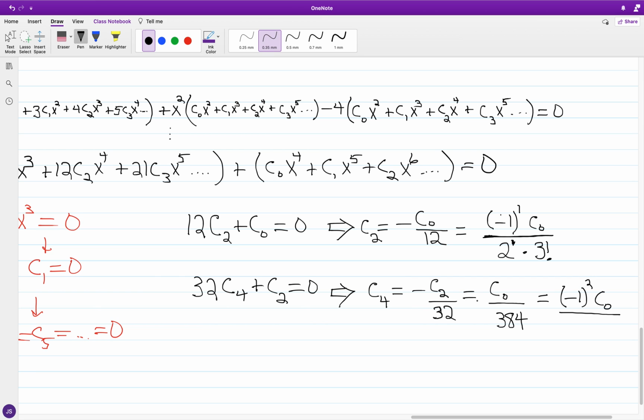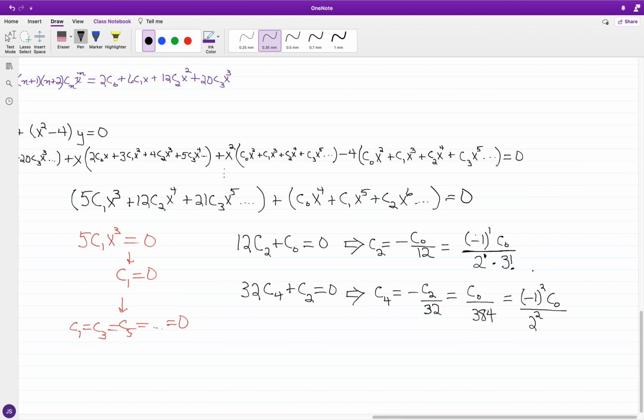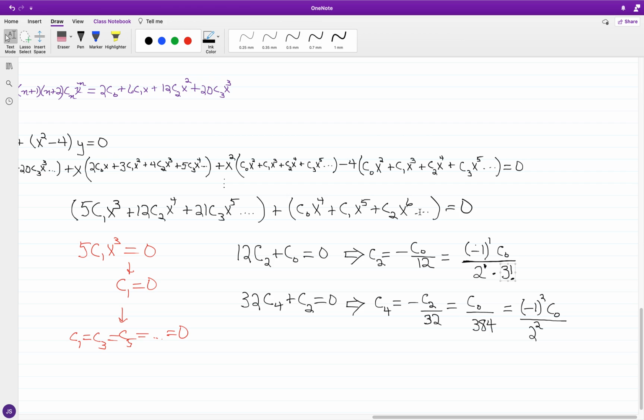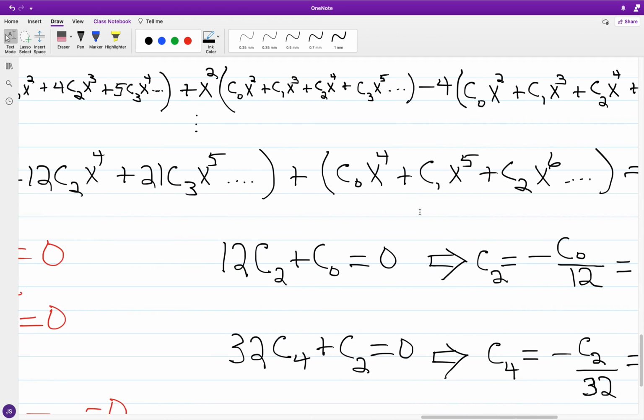If I maintain the order, having 2 to the first, half the degree of the subscript value, in this sense I'm going to have 2 squared. I don't want to get too far ahead.